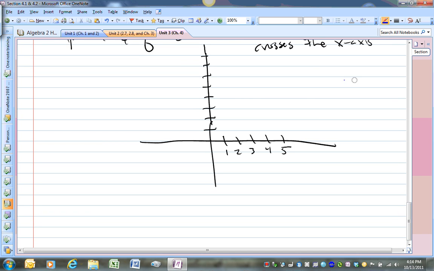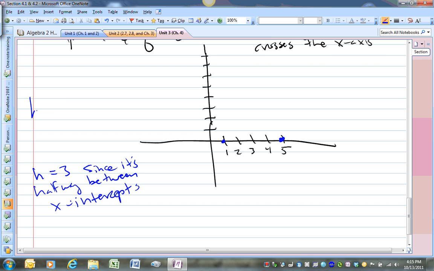So you want to graph your intercepts. And then here's the thing. h is going to equal 3 since it's halfway between the x-intercepts. So that's how you find h for this format. It's going to be p plus q divided by 2, kind of like the average.